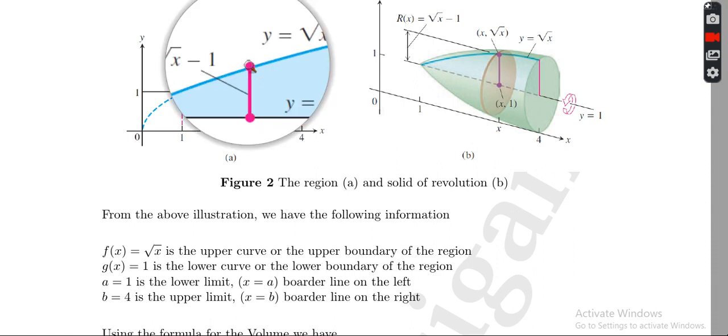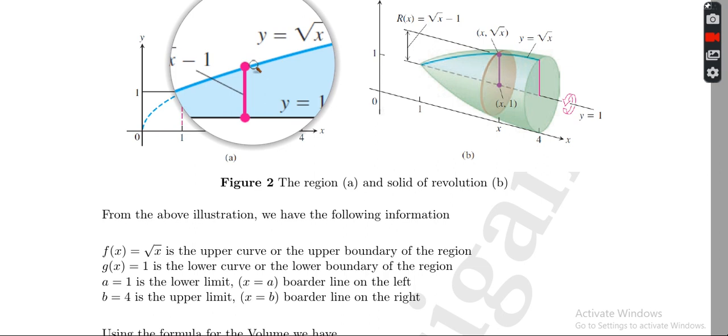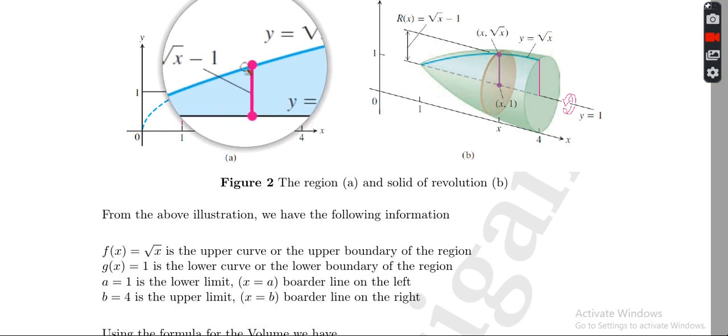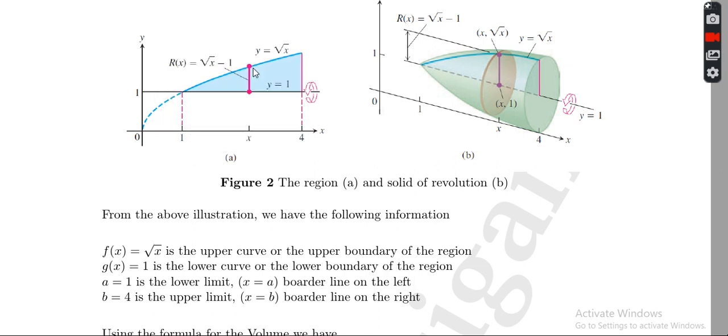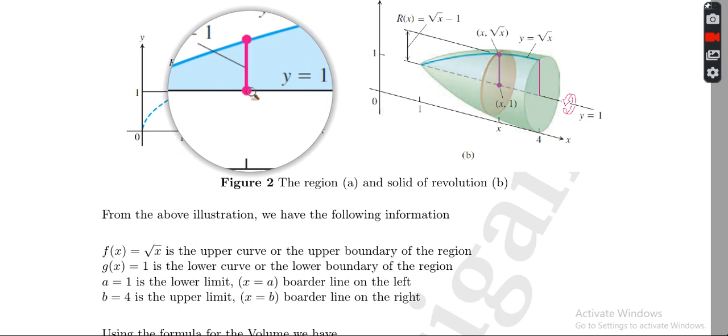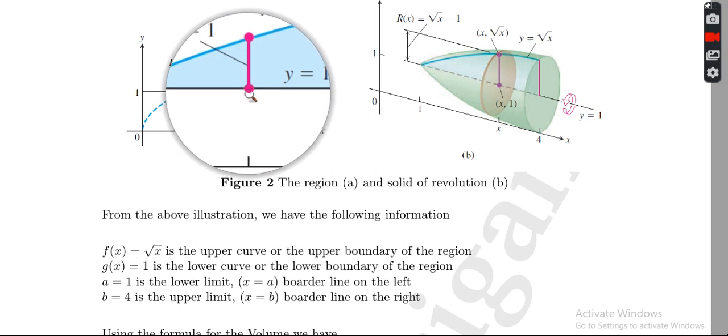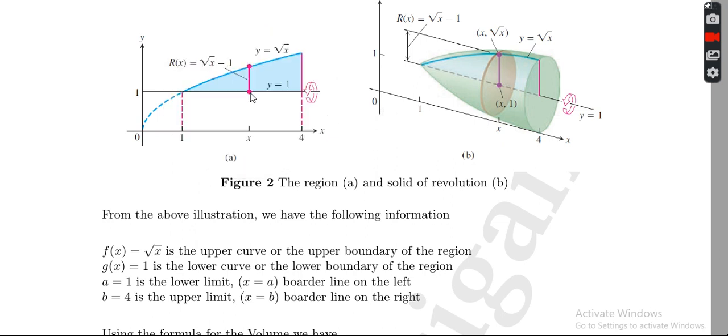So the upper boundary is yung upper end ng rectangular strip natin, and in this case, that is the square root of x. Okay, so your g of x is at y equals 1. Okay, kasi nandoon yung ating lower end ng rectangular strip.